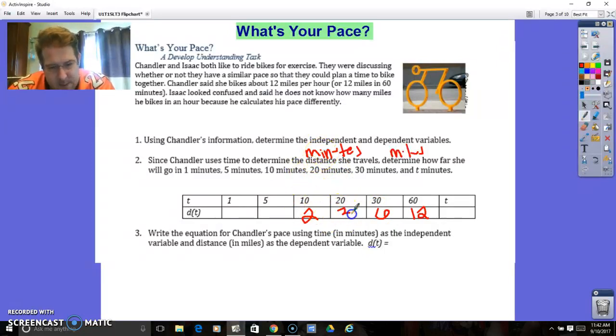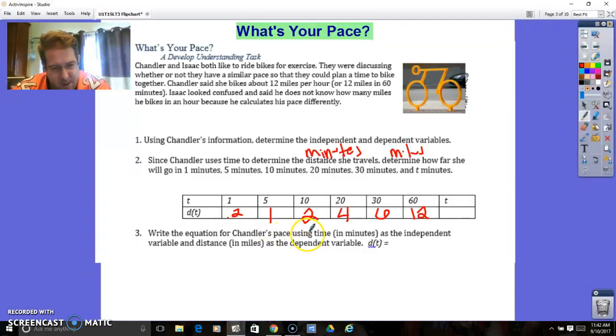Double that, so 20 minutes is double this, which makes it 4. This is half of this, which makes it 1. This is 1/5 of that, so that makes it 0.2 miles in 1 minute.